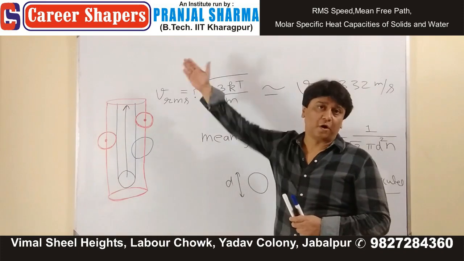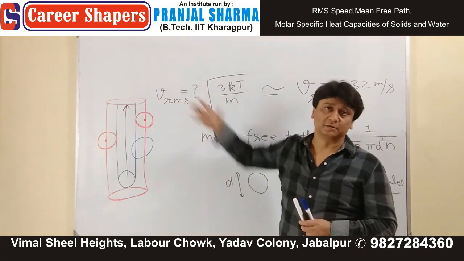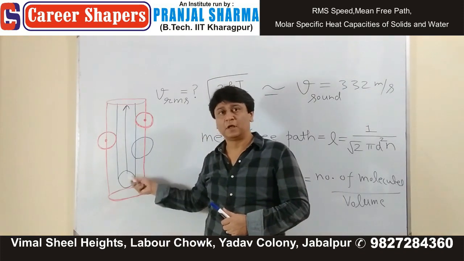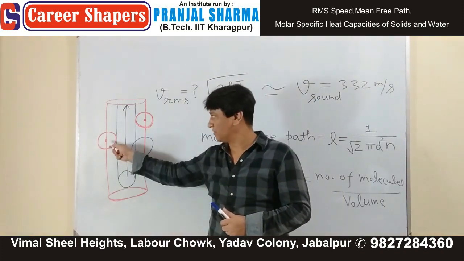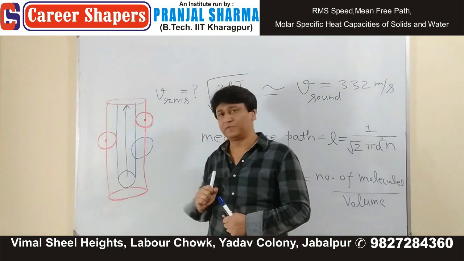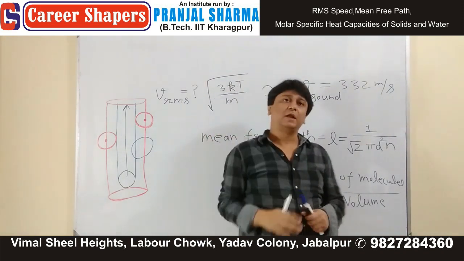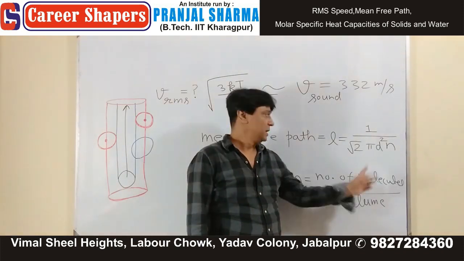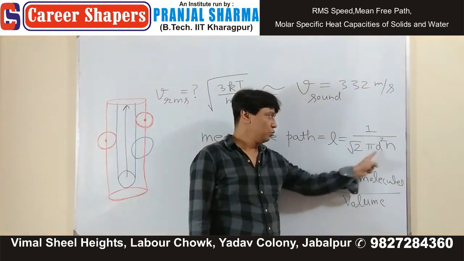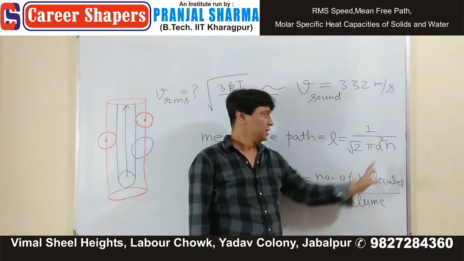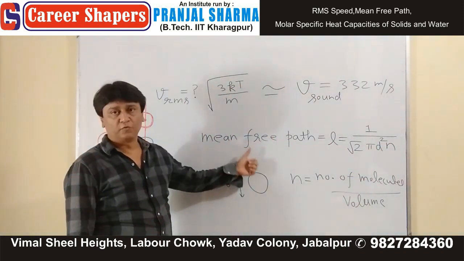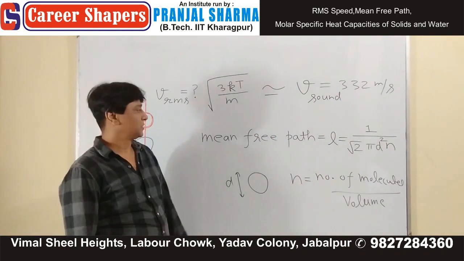If you go for the mean distance which this molecule travels, you find it for all molecules, and then you find the average, that average is 1 upon root 2 pi d square n. This is called the mean free path.